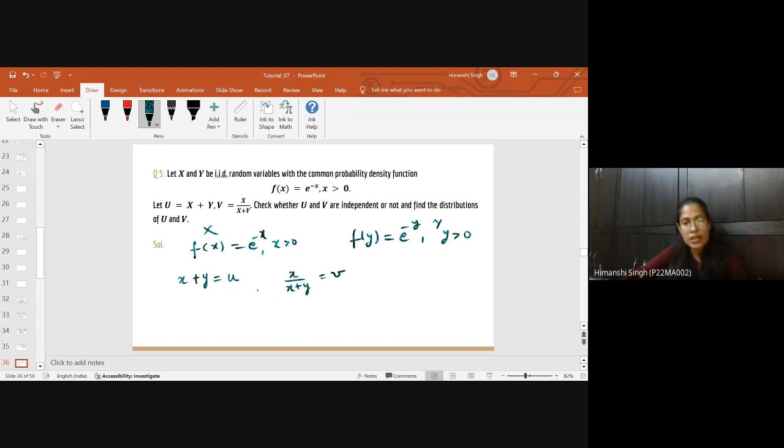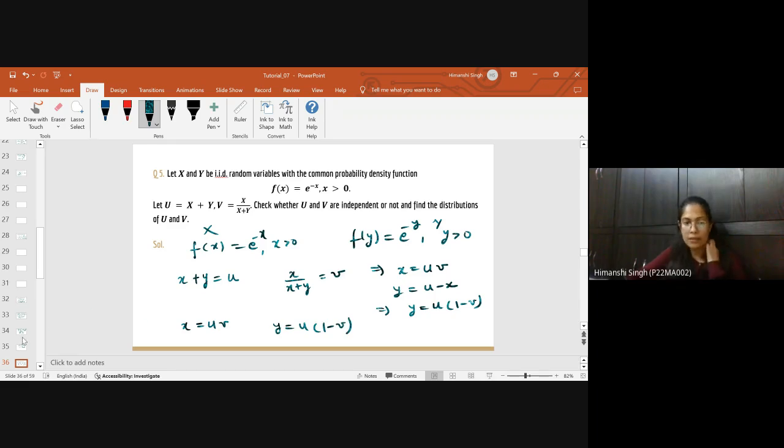Now x plus y is u, which implies that x is equal to u into v, and since y is equal to u minus x, y is equal to u into 1 minus v. So these are basically the inverse images: x equals uv and y equals u into 1 minus v.